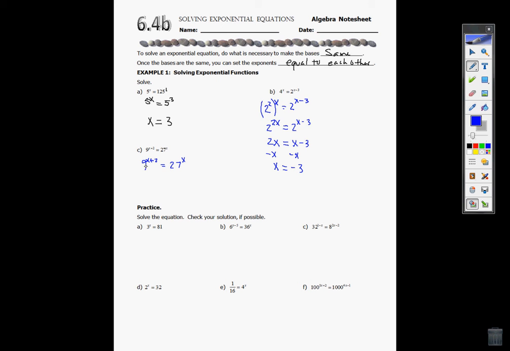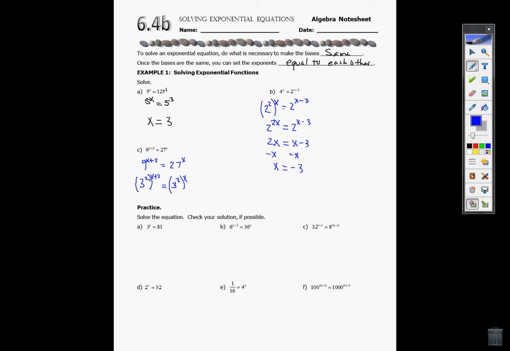Okay? I can write 9 as 3 squared. I can write 27 as 3 cubed. Okay, so now I have similar bases. So this is my 9, and 9 was being raised to the x plus 2. And this is my 27, represented as 3 cubed, still being raised to the x. Now, again, I have a power raised to a power.